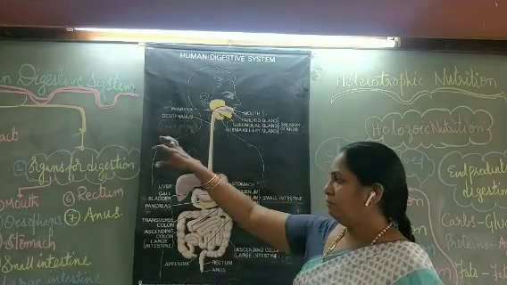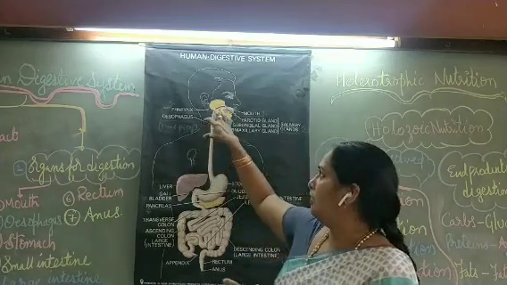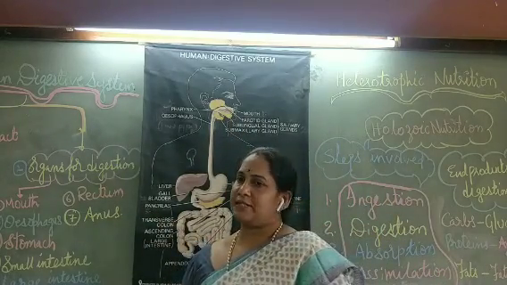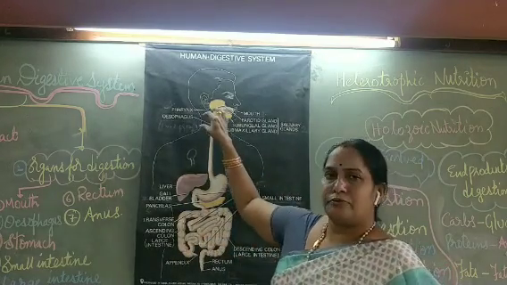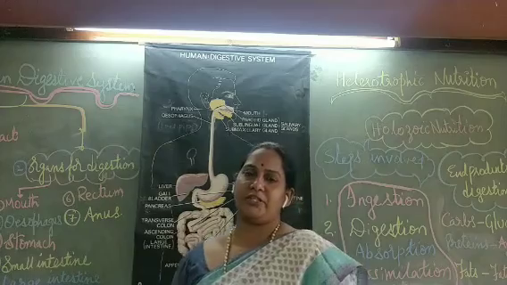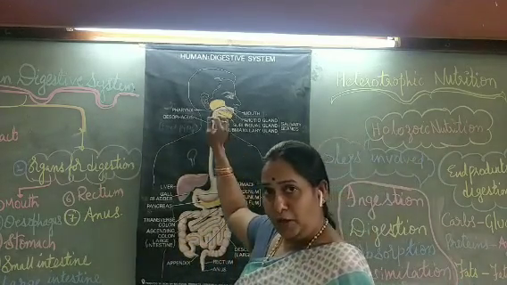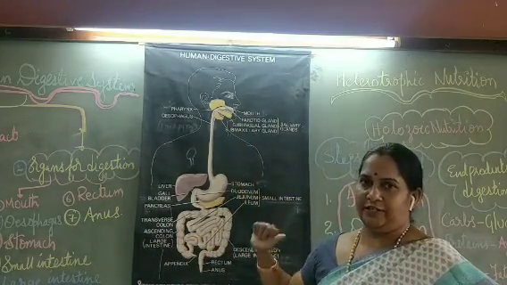Due to the activity of teeth and saliva, the food is broken down, and the enzyme present in saliva, called salivary amylase, breaks starches into simple sugars. The food is called bolus, and this bolus enters the next part called the esophagus.